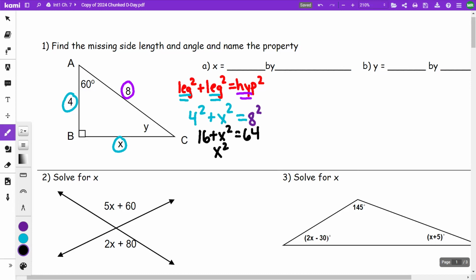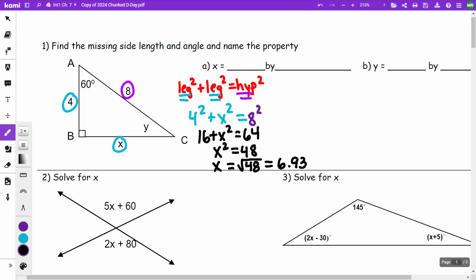When I go 64 minus 16, I end up getting 48. Then I'm going to take the square root of both sides, so the square root of 48. And when I take the square root of 48, I get about 6.93.